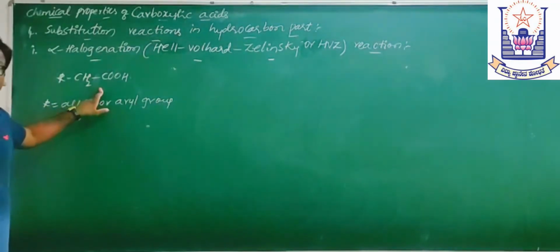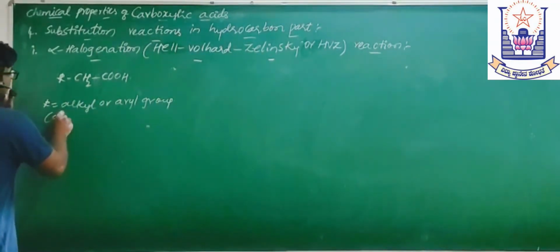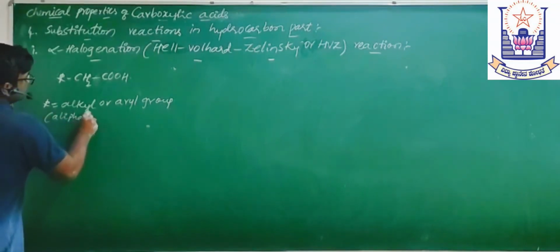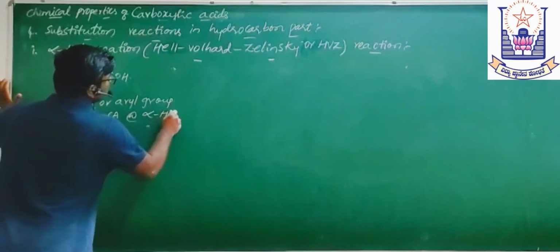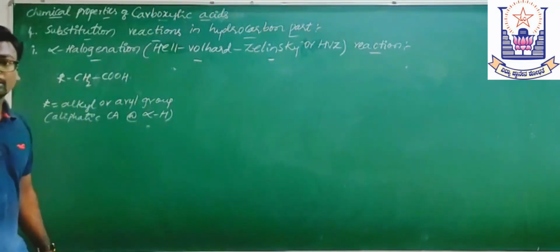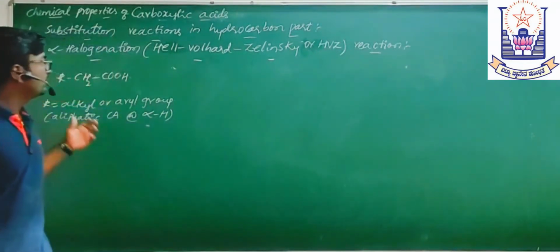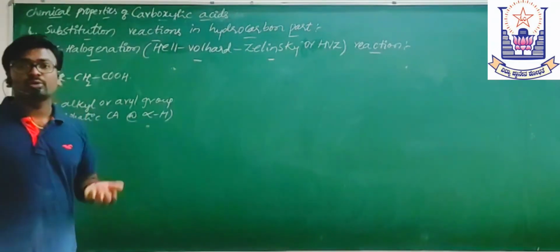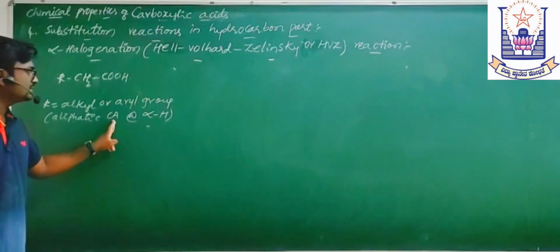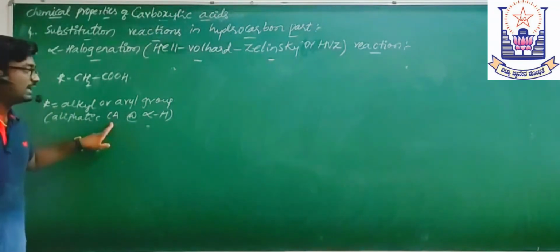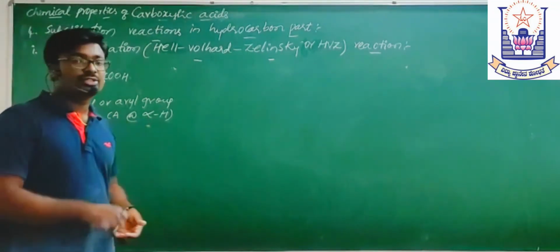See, this is not aromatic. This is an aliphatic carboxylic acid with alpha hydrogen. You have to remember this. Which type of carboxylic acids will undergo the HVZ reaction? Aliphatic carboxylic acids with alpha hydrogen.